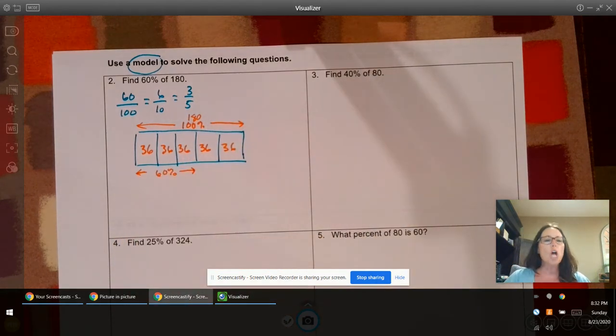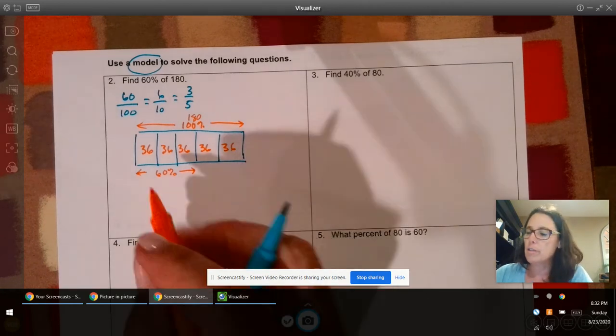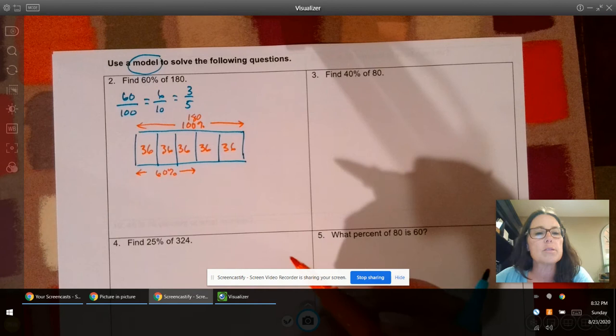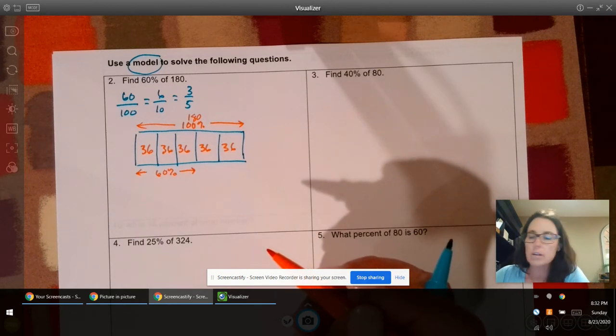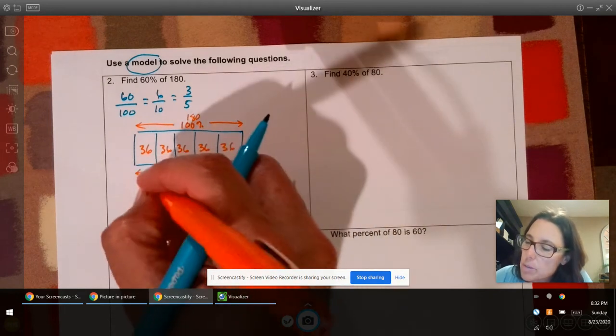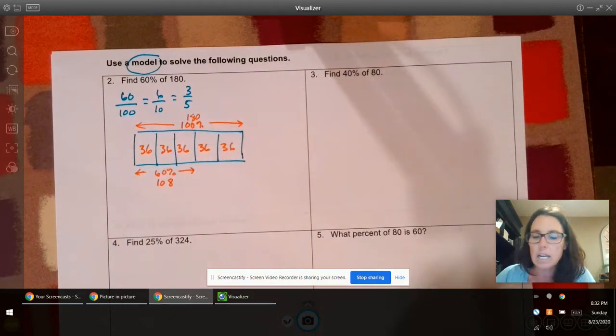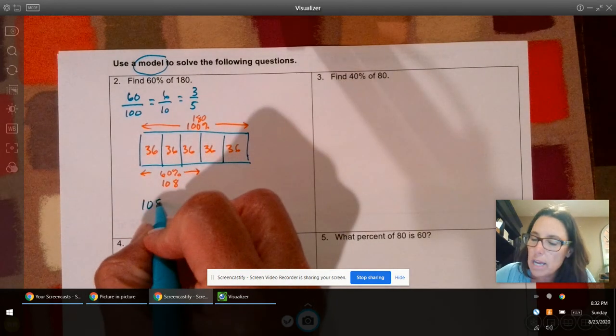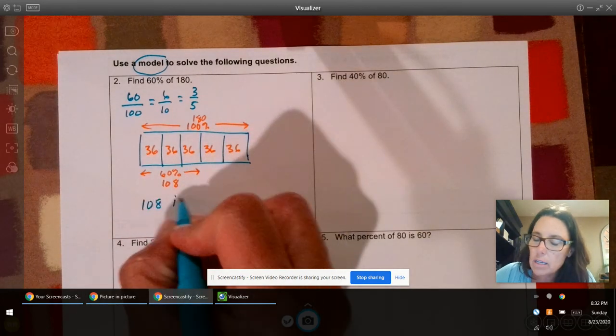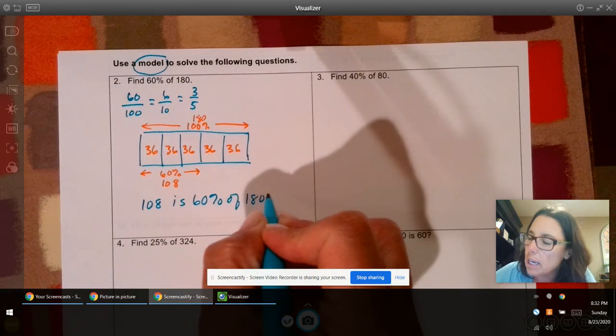So our job is to see how much 36, 36, and 36, the 3 of those 36s is the answer. So 36 times 3 is 108. So the answer to this problem, 108, is 60% of 180.